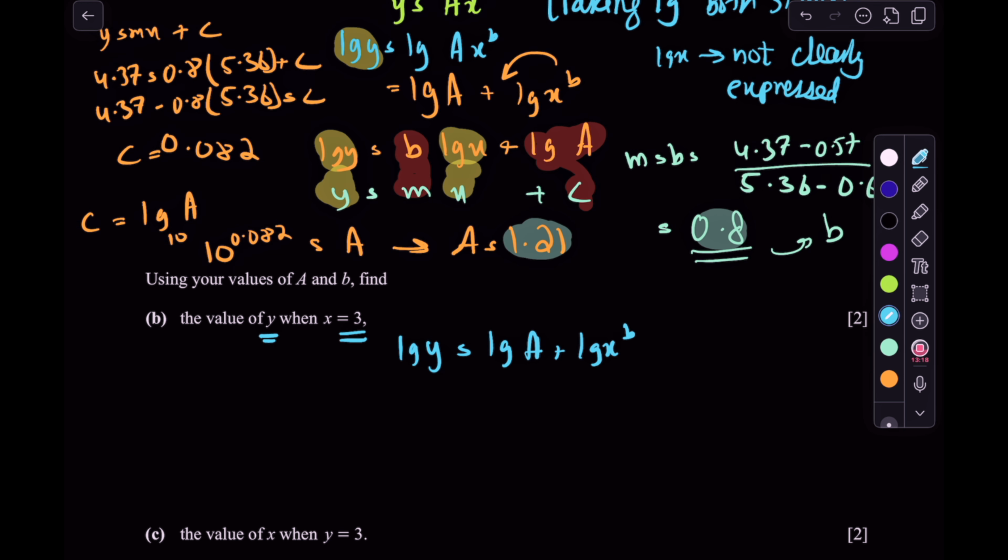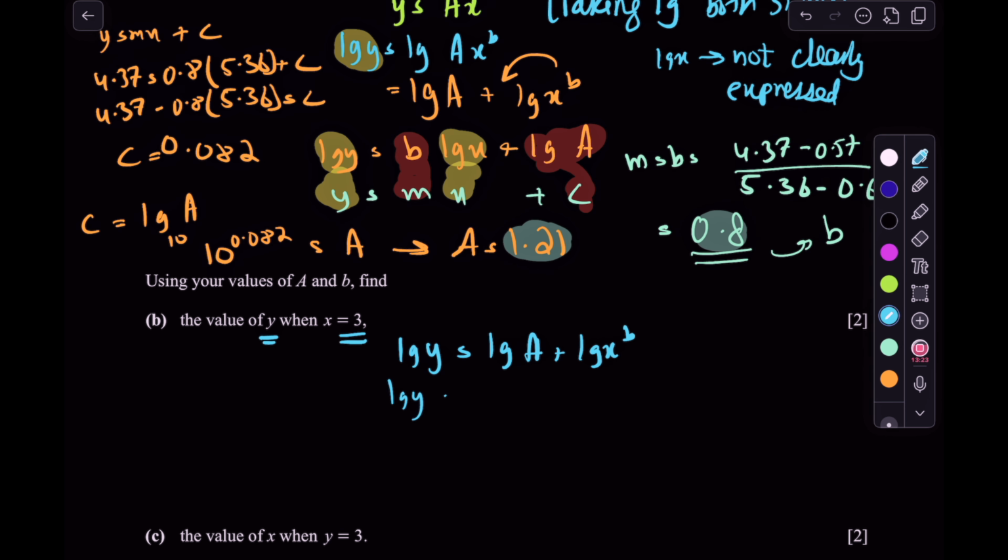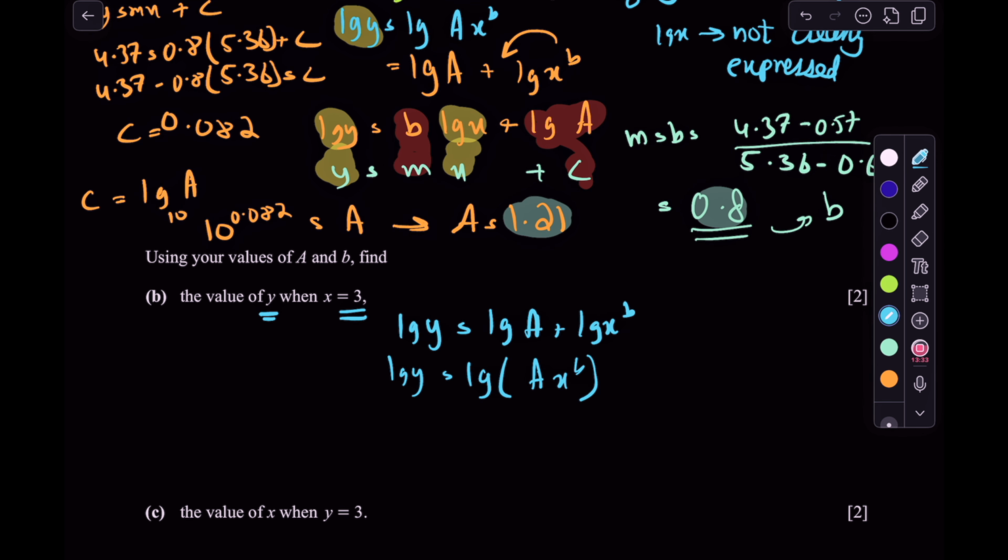The question asks me to find the value of y, so I'm going to collect my logarithm terms on the right hand side into a single log. Since log on both sides can cancel out if they have the same base, and both of them have the same base of 10, now I can equate both arguments.